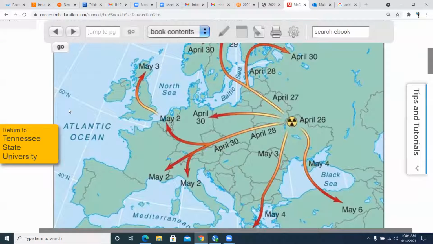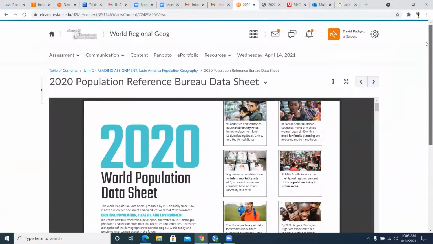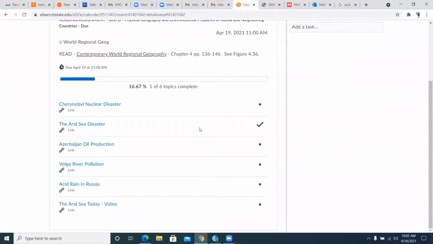However, regardless of what happened, this disaster in 1986 scared the daylights out of everybody in the world. And it really put the brakes on nuclear power as being an alternative to fossil fuel worldwide. So the Chernobyl nuclear disaster was quite significant in terms of its extent and its lingering effects upon nuclear energy development throughout the region.